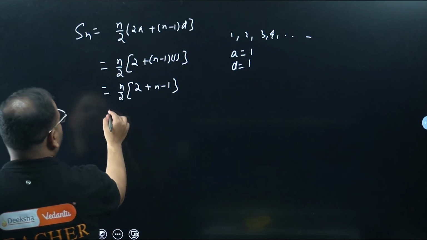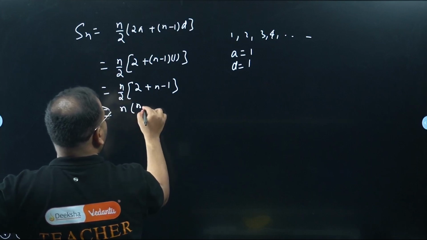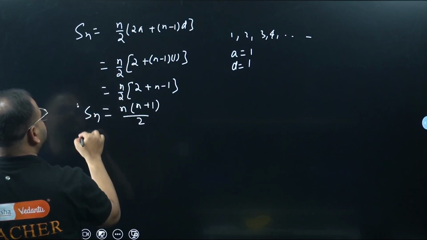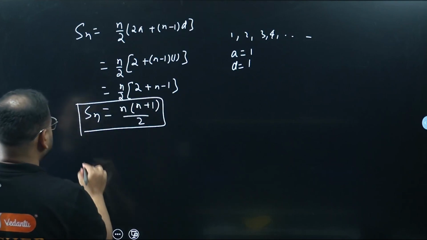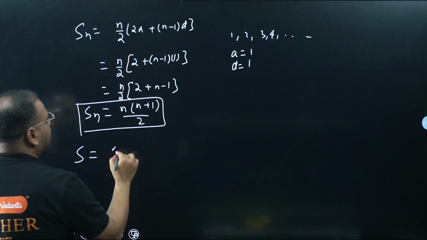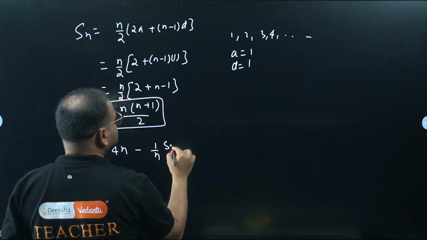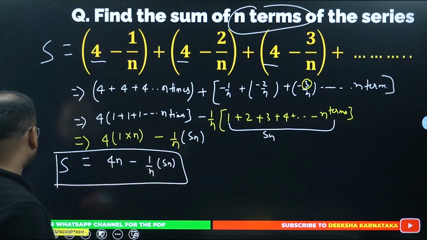Yeah, now forward. 2 minus 1 will be just 1. So n plus 1 by 2. This is my Sn. What is the S? S was 4n minus 1 by n Sn.